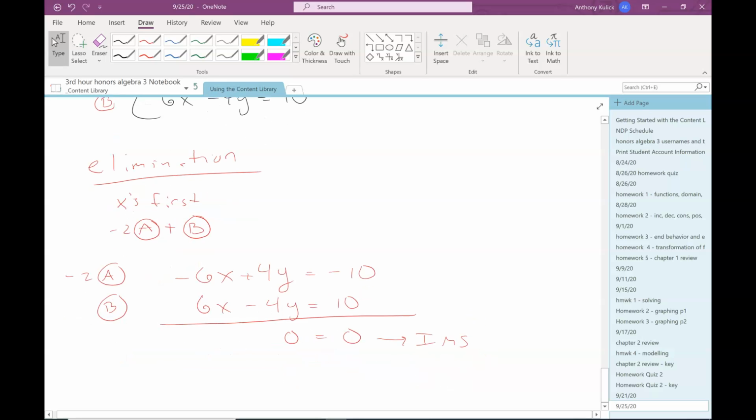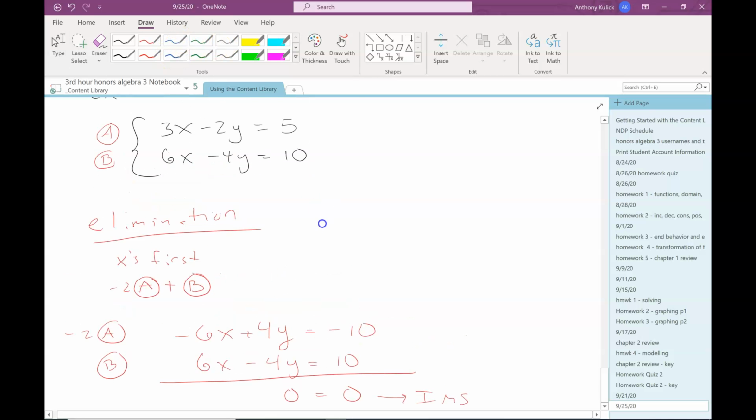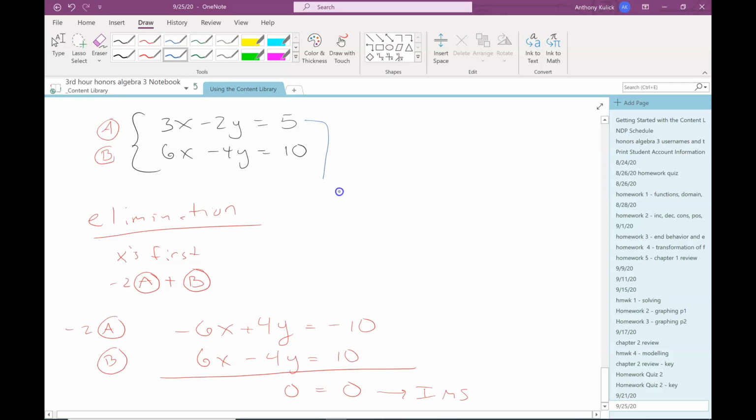And if I want to give the parametric form, what I would do is I would take one of these two equations and solve for either variable. So let's say we solve to get the y by itself on this first equation, just to do something different than we did last time. So we'll subtract 3x and then divide by -2.